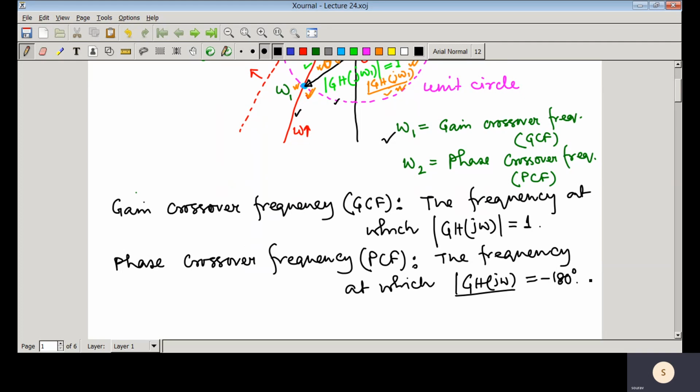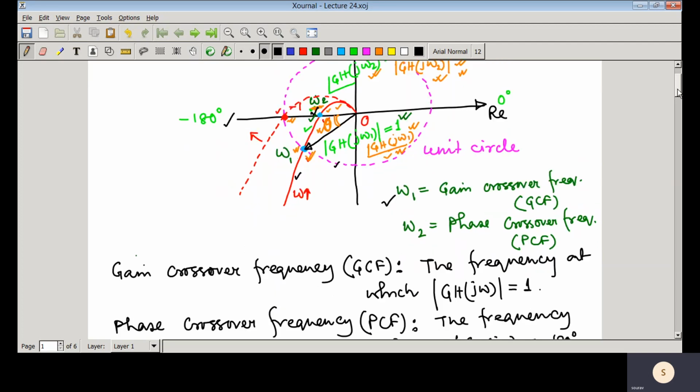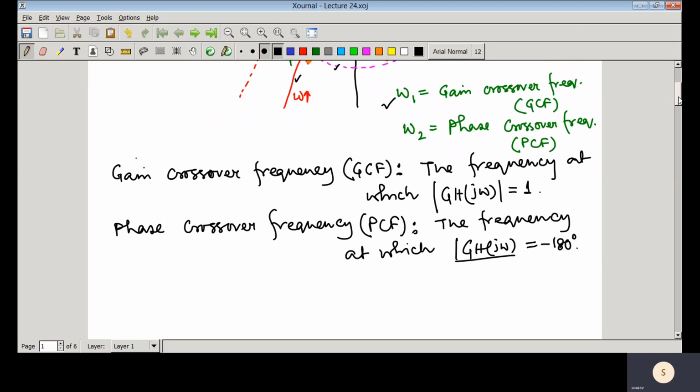That means this is that frequency where it crosses that negative real axis that we have discussed here. That negative real axis is actually the minus 180 degree point, and here we have seen that W equal to W2. So this is that point where it crosses minus 180 degrees, and this frequency is called phase crossover frequency.